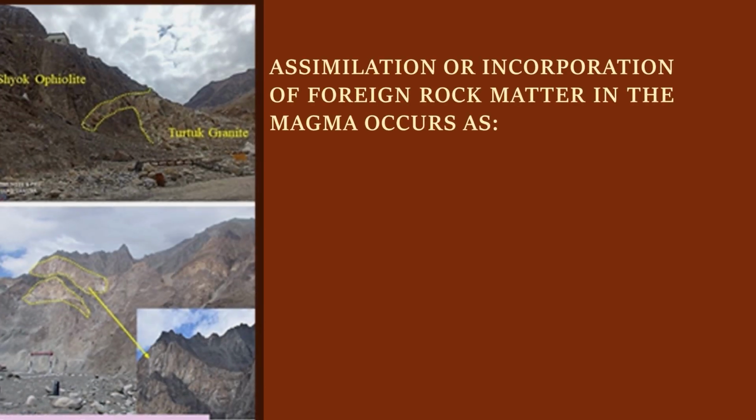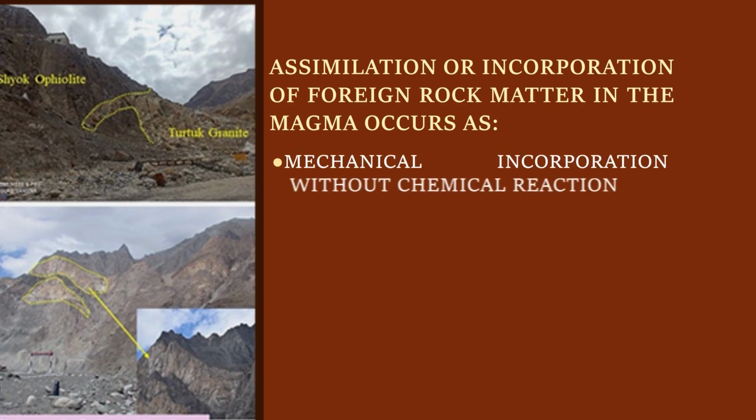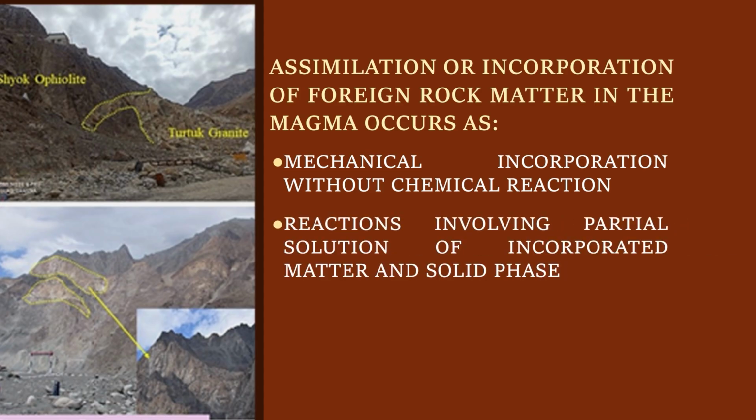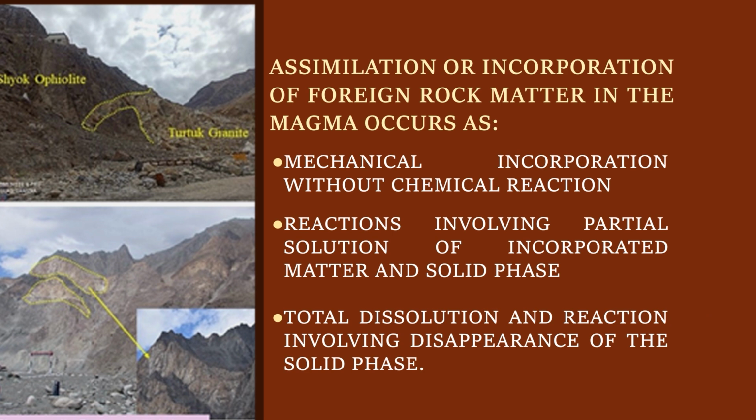Assimilation or incorporation of foreign rock matter occurs by mechanical incorporation without chemical reaction, reaction involving partial solution of incorporated matter and solid phase, and total dissolution, reaction involving disappearance of solid phase. So these are the three mechanisms by which assimilation can take place.